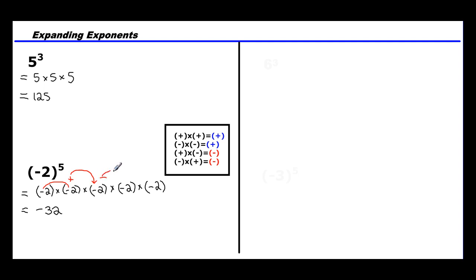And then this negative times the next negative will give a positive result. And this positive times the last negative will give a negative result. The final answer must be negative. And if you notice, that's exactly what we have, a negative answer.